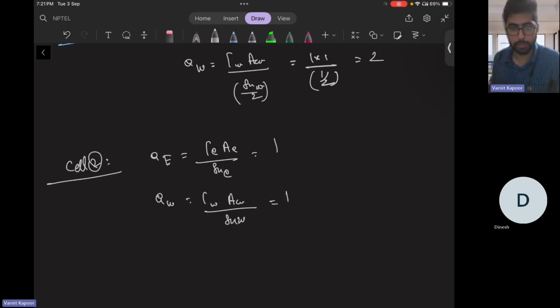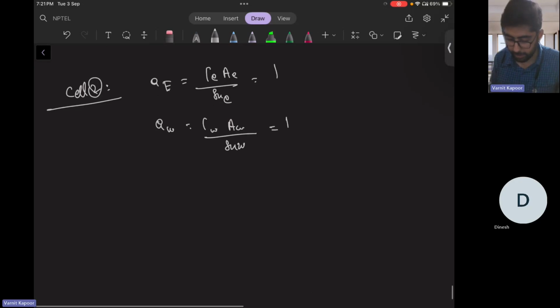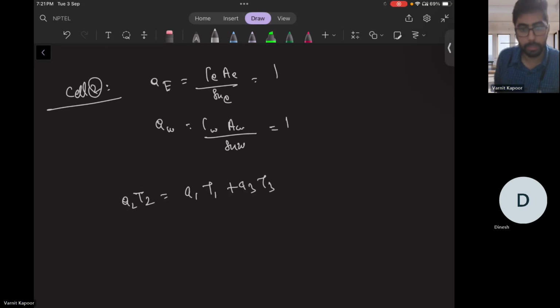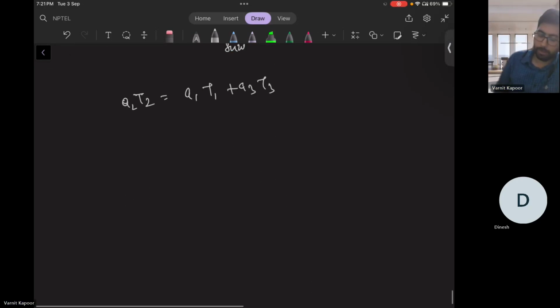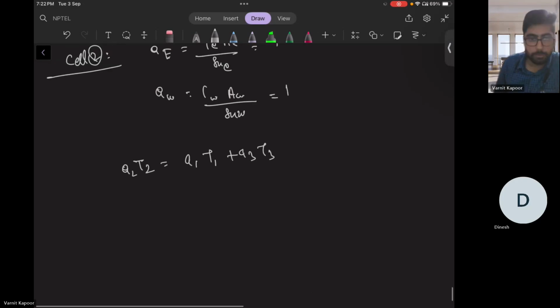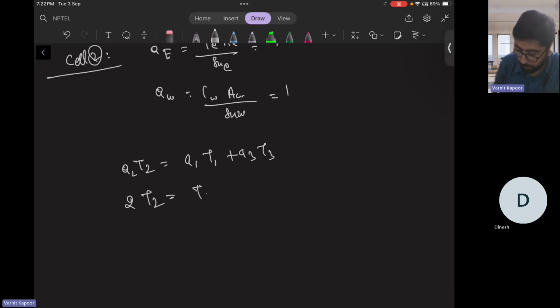This will also be 1. The equation will be something like A2 T2 is equal to A1 T1 plus A3 T3. That is the only case. So A2 is nothing but how much? 2, which is A1 plus A3. So 2T2 is equal to T1 plus T3.